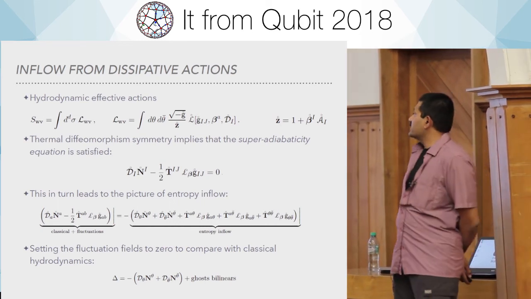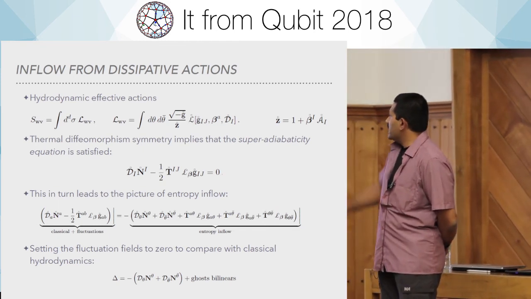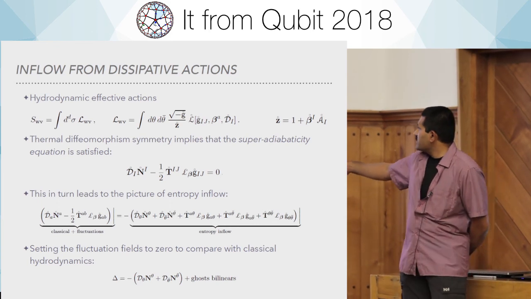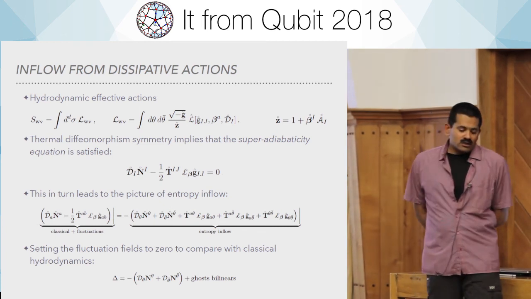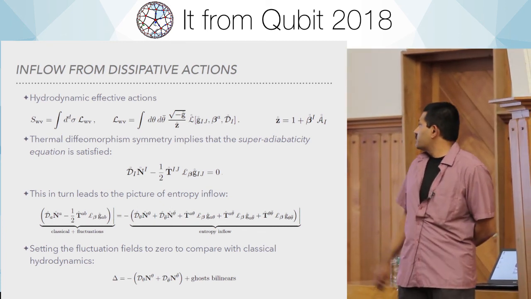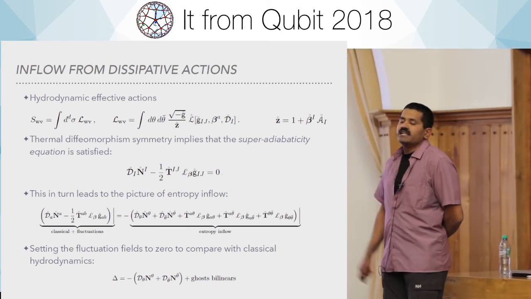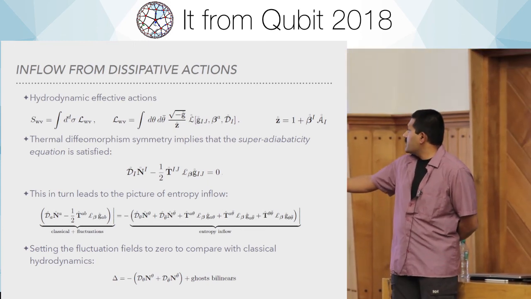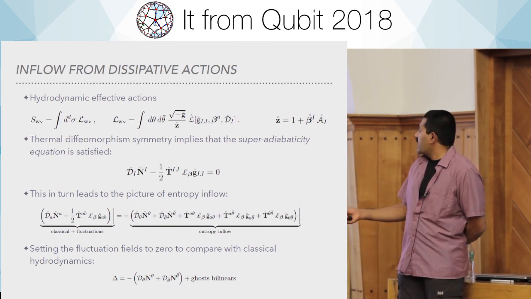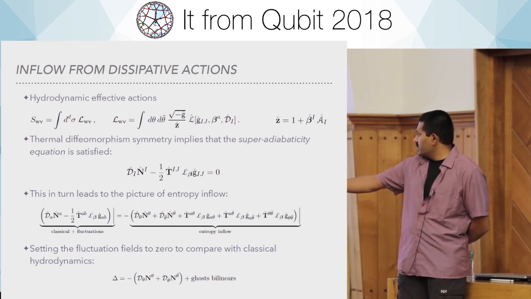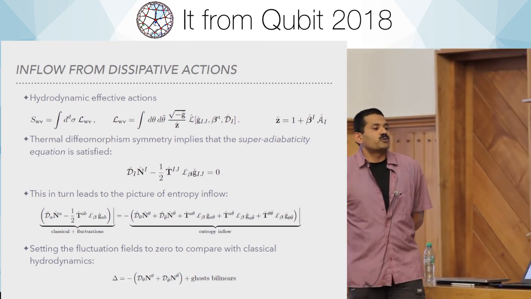It's simply the identity that tells me that the covariant divergence of the superfree energy current, which is defined to be the variation of the Lagrangian with respect to the gauge potential, is equal to the total free energy contracted with the pullback metric Lie derived. And this is what leads to the picture of entropy inflow, because this equation written in superspace distills down to an equation in ordinary space as the ordinary entropy production term being given by the contribution from superspace.